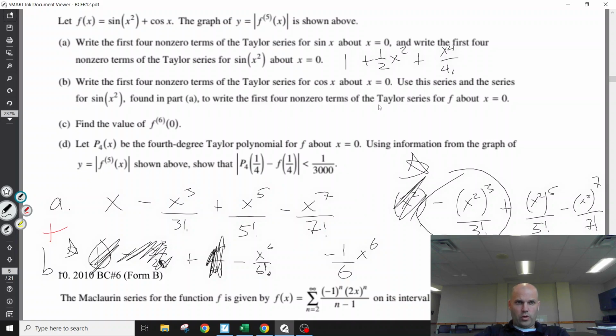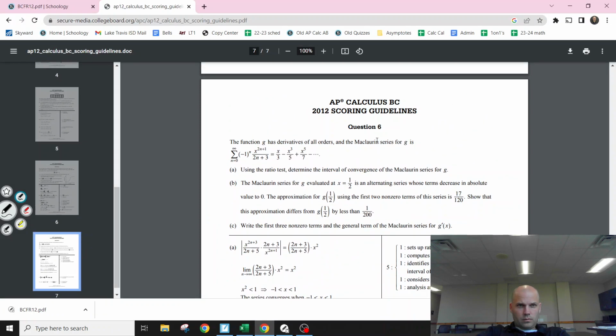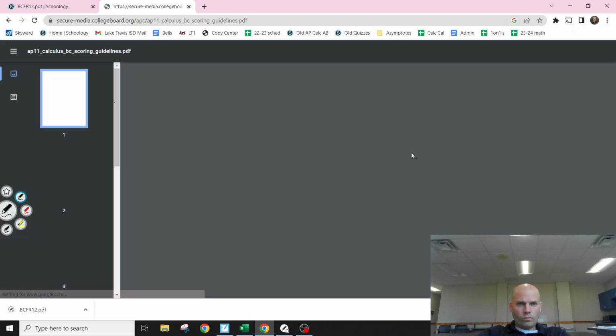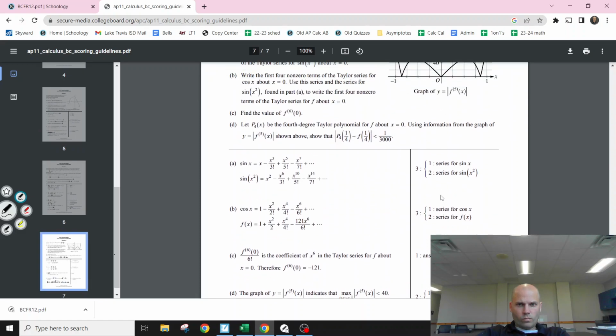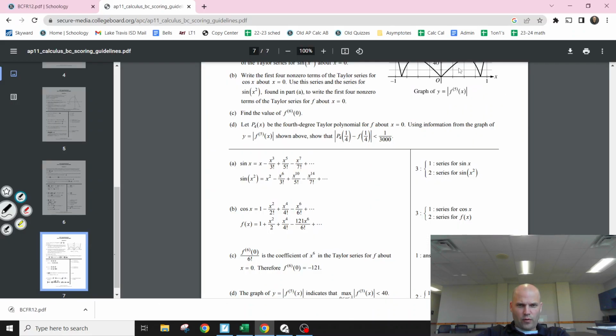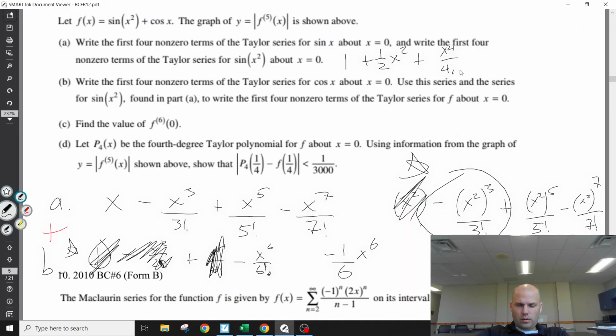Right, the first 4 non-zero terms. 1 positive x squared plus x to the 4th over 4. Got 121.